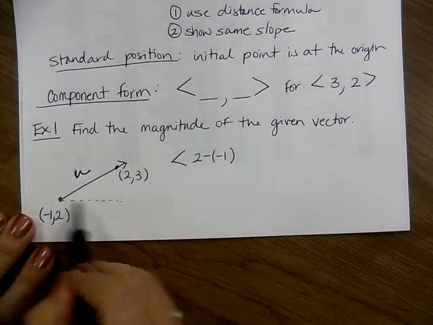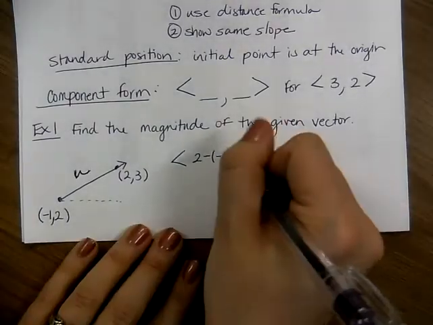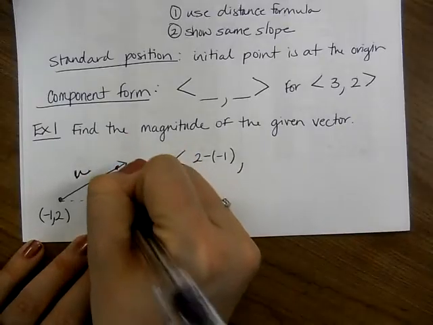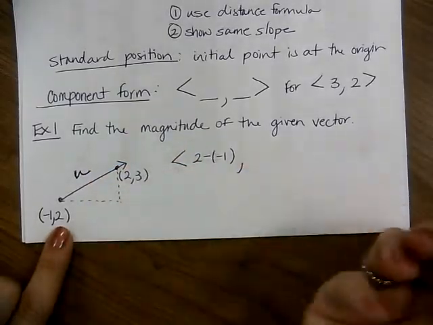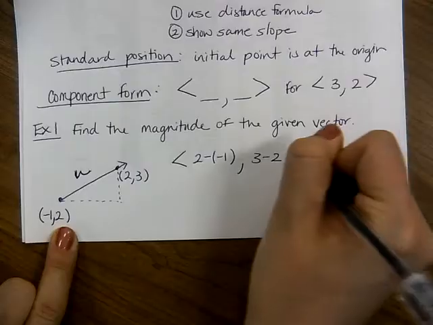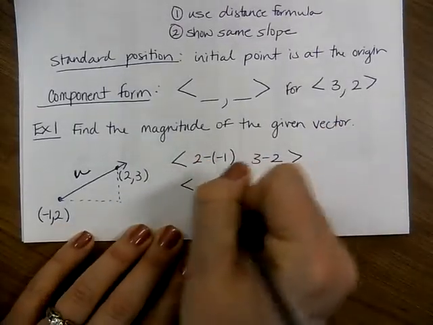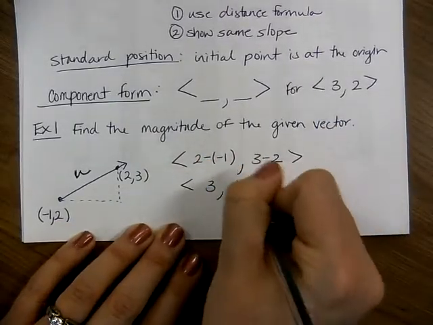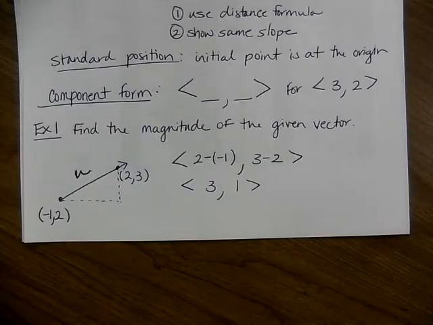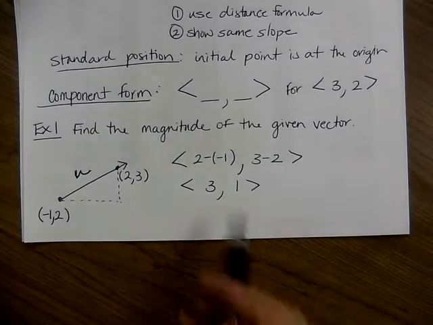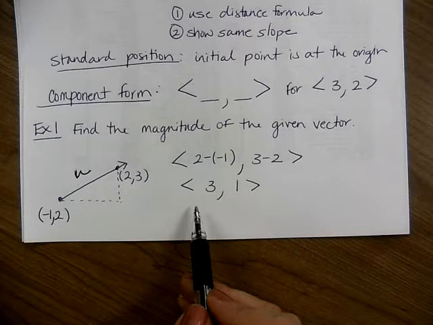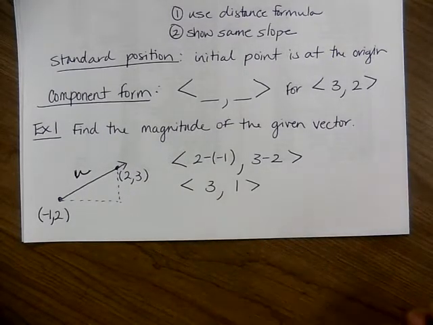Or just count the distance from -1 to 2? And then to figure out the vertical distance, I can count from 2 to 3, or just take 3 and subtract 2. Either way, you're going to get 3, 1. So this is our vector u in component form. This is saying you have a horizontal component of 3, so the distance is 3 horizontally and then 1 vertically.